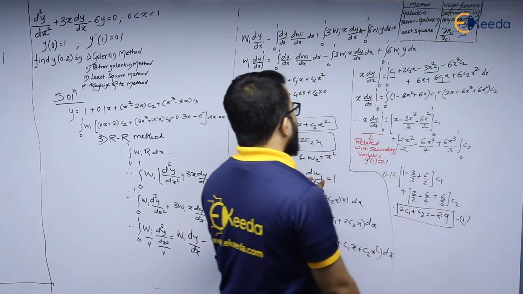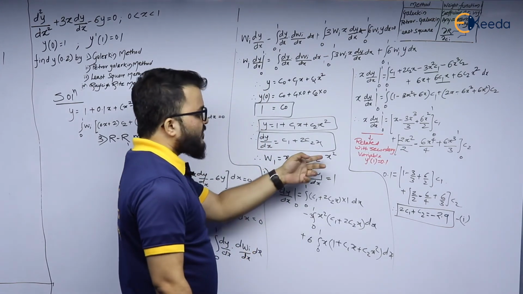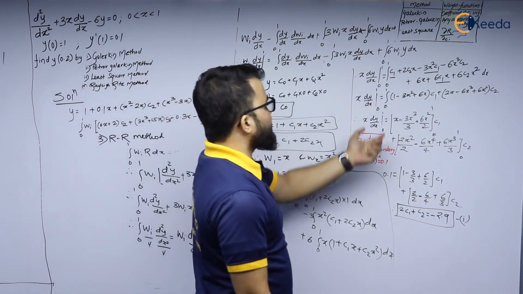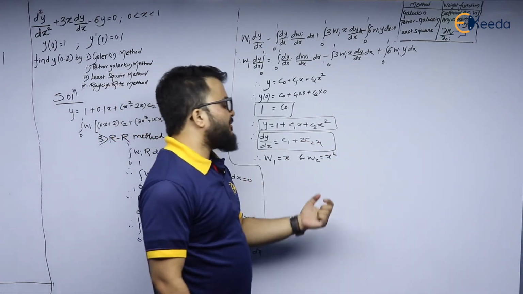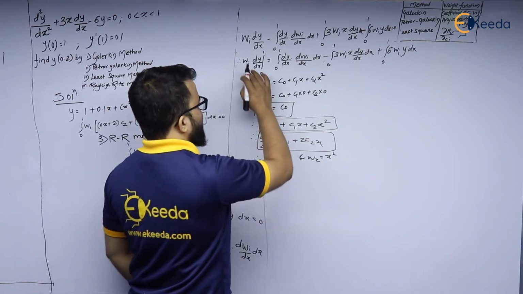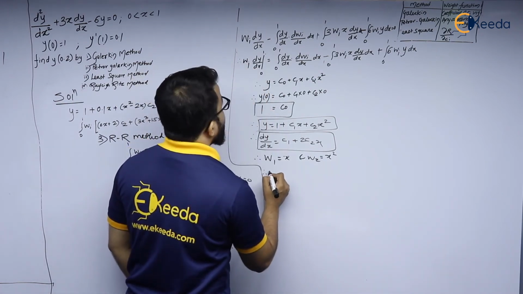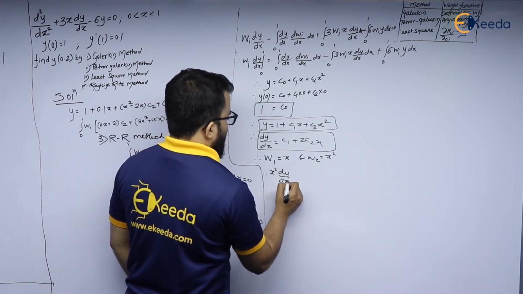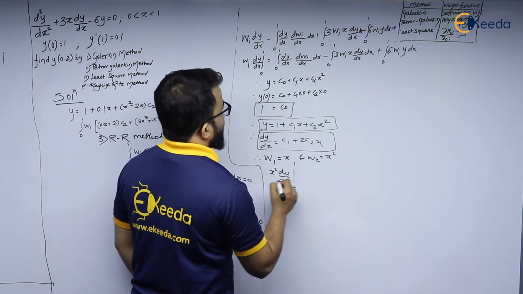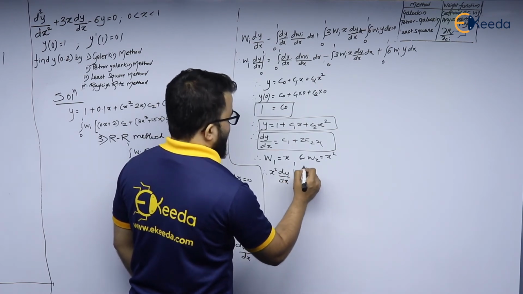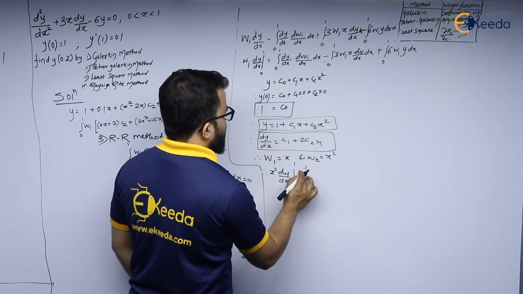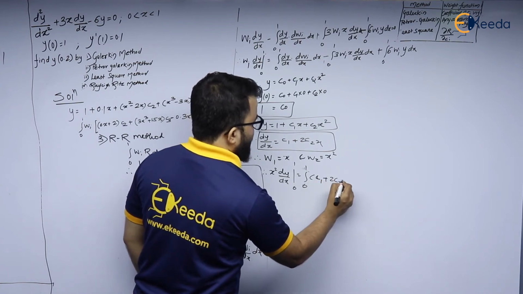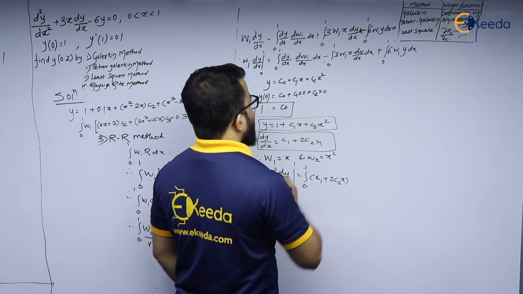Similarly, I will find it for W2, and my W2 value will be x square. It's the same process. You will put W2 as x square and solve with a similar process. I was solving for W1, now I will solve for W2. So let us put W2 instead of W1. My function becomes x square, dy by dx from 0 to 1. So dy by dx is nothing but c1 plus 2c2x into dW2 by dx.